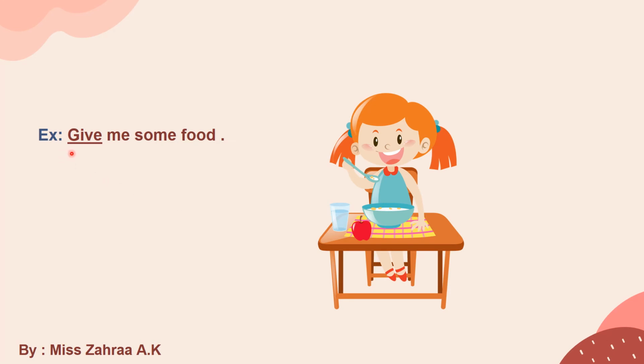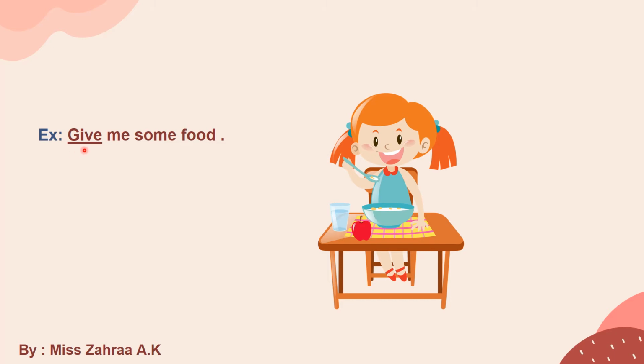Another example, give me some food. Give me some food. So we here see give is the base form of the verb, not gave in the past and not given in the past participle.